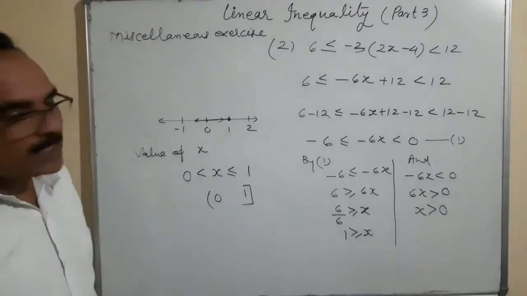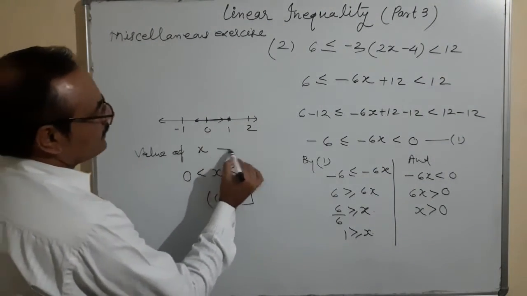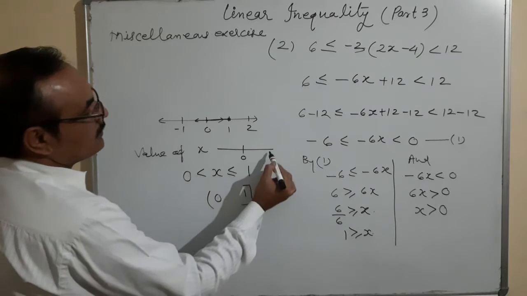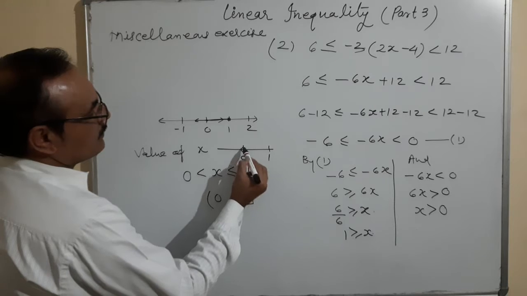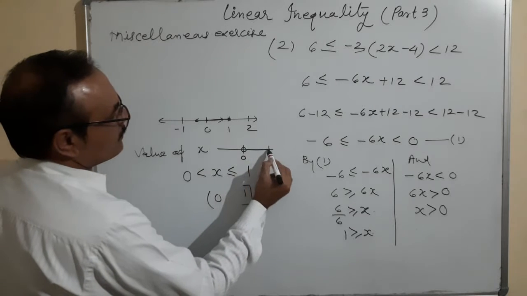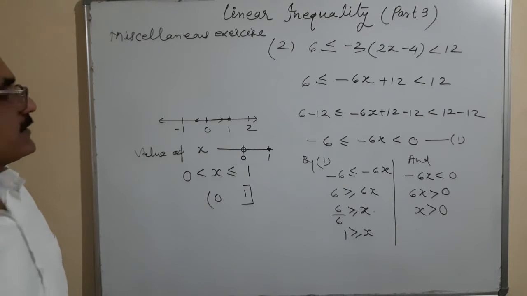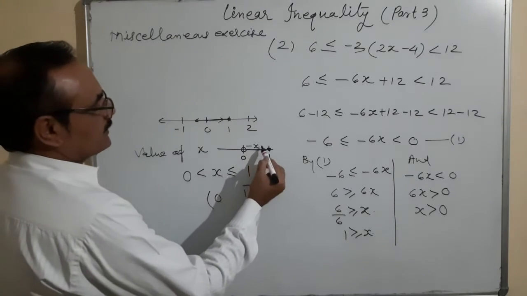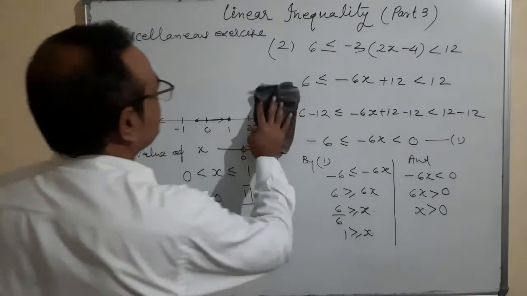If you want to represent it on the number line, you will represent it like that: 0, and 1. This is the representation of x. This is called the range of x. Is it clear? That is question number 1. Hope you have understood it.